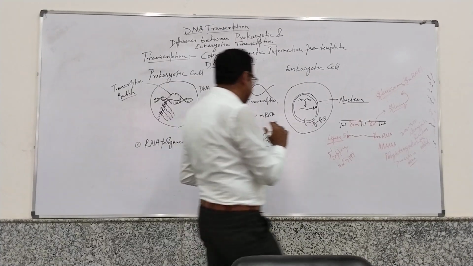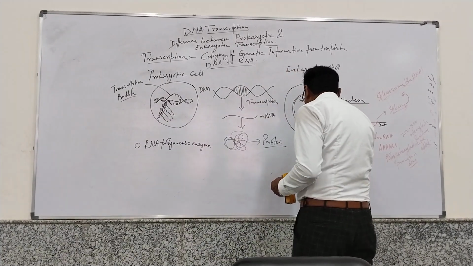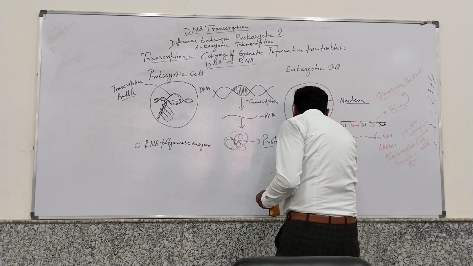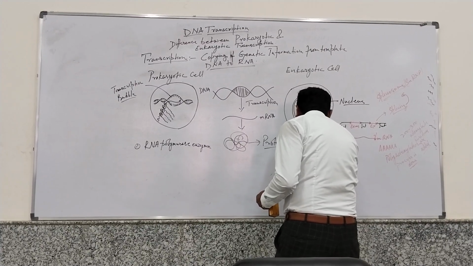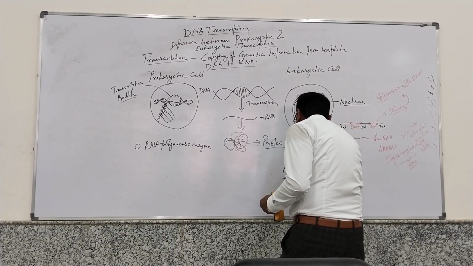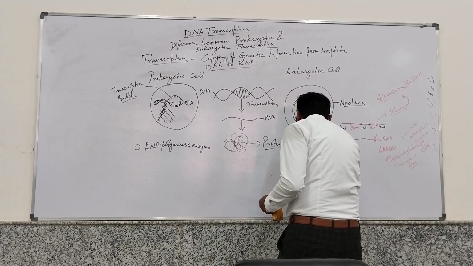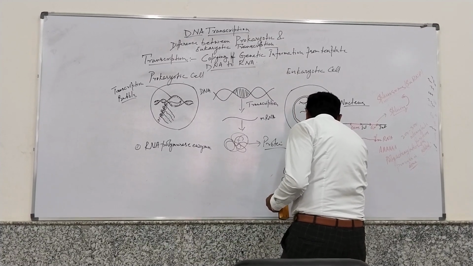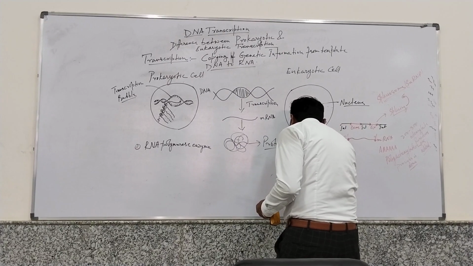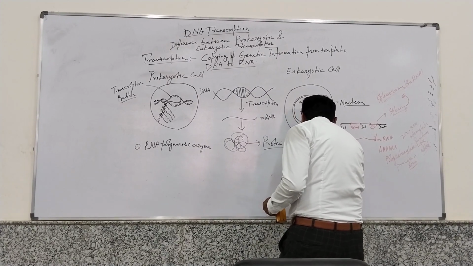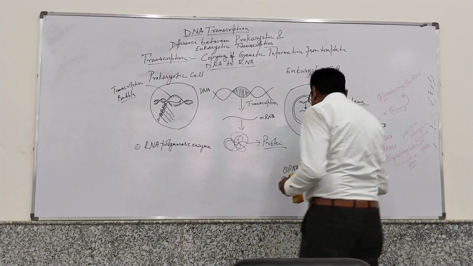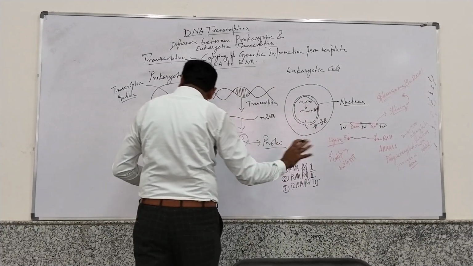But in the eukaryotic cell, there is RNA polymerase 1, RNA polymerase 2, and RNA polymerase 3. The three enzymes take care of the production.